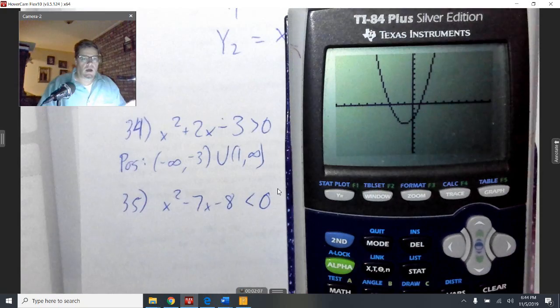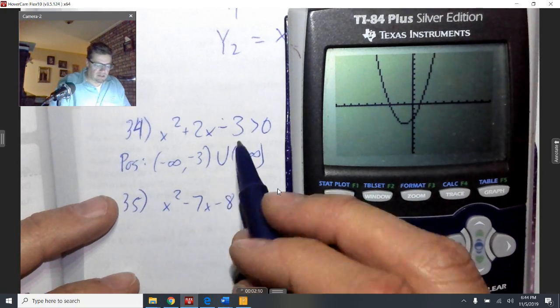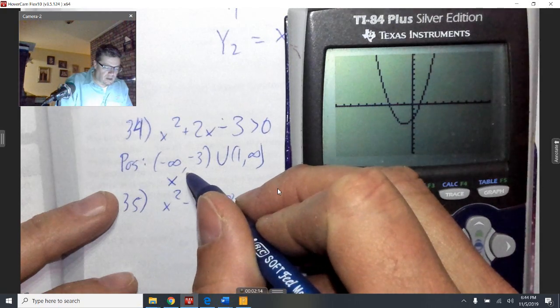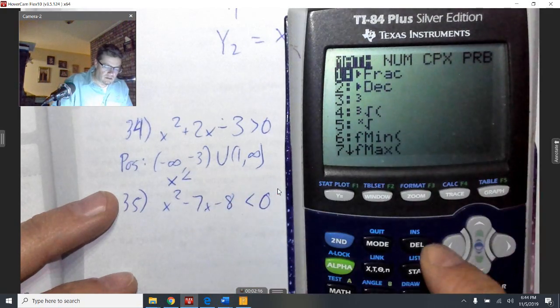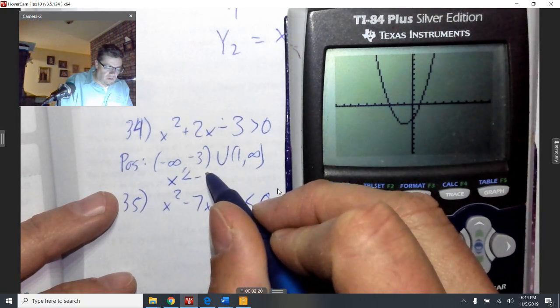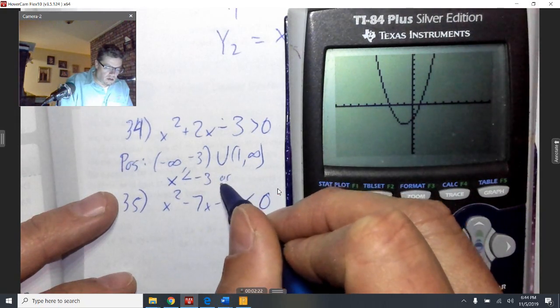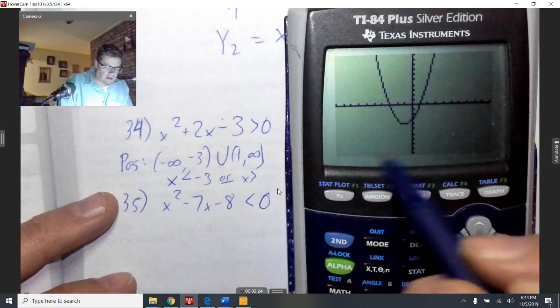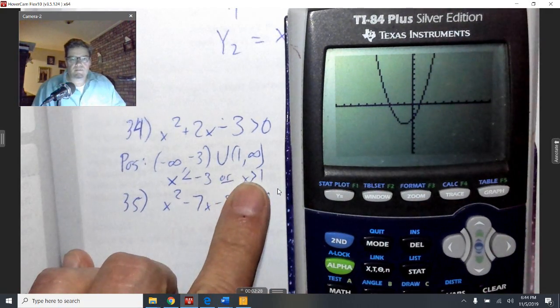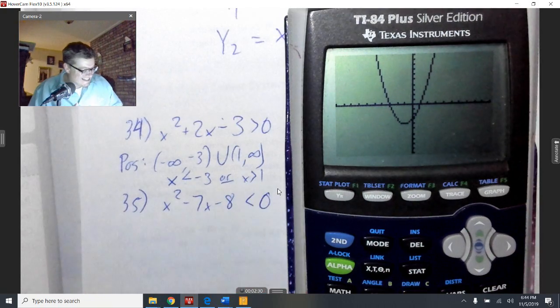Now this is an interval notation. I could have said x is less than negative 3, or x is greater than positive 1. Now that's actually better because it does say to solve.